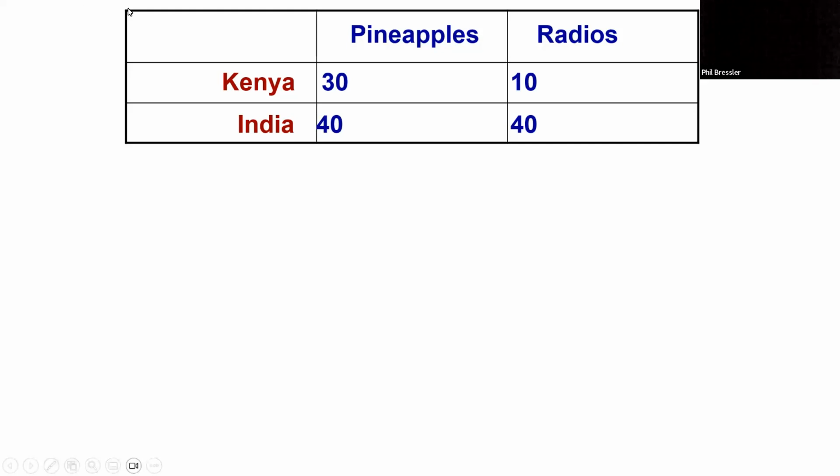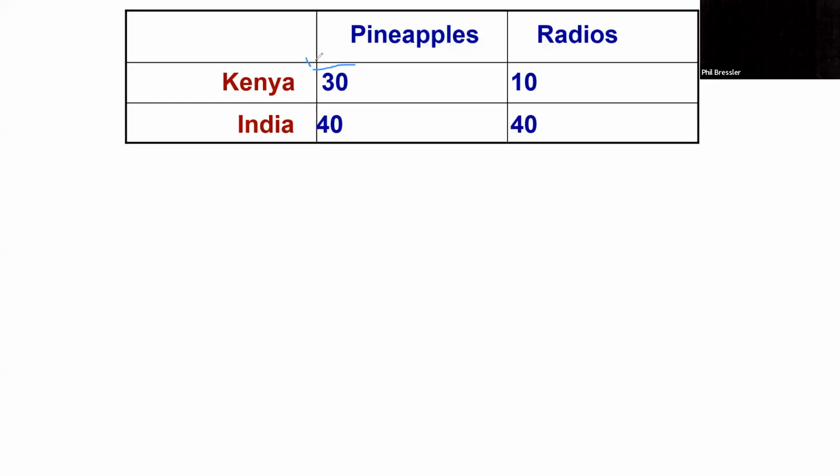What do I mean? Let's see who has the lowest opportunity cost in pineapples. All right, now in this question we identify the other, which is radios. So I'm going to take the 10 radios and put it over 30 for Kenya, right?